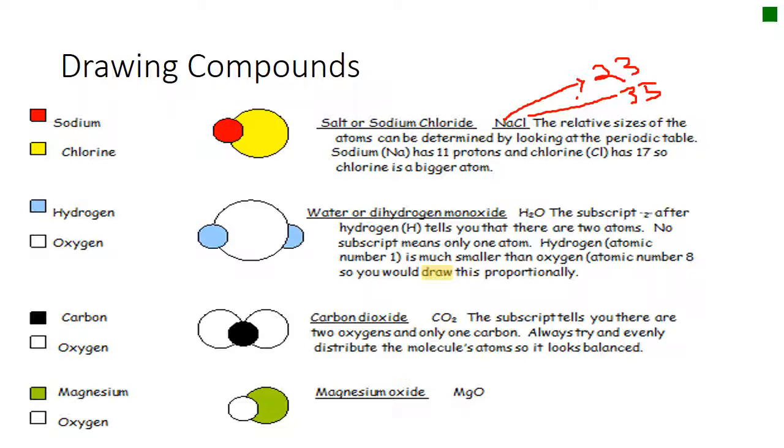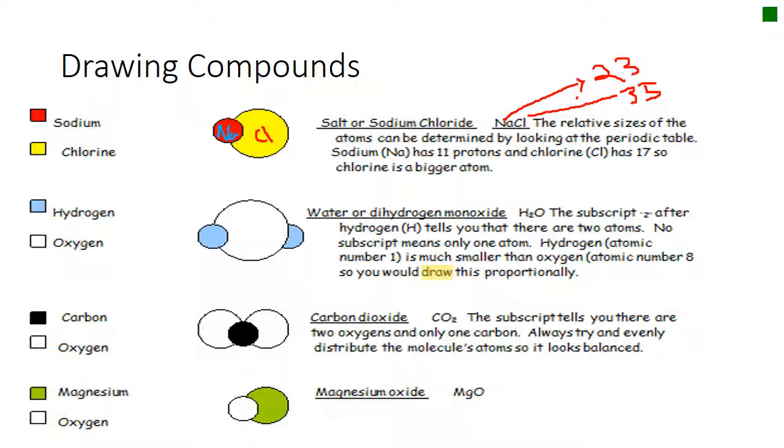I can tell you right there that chlorine is bigger. So when I'm drawing the molecule, I have to make sure that my chlorine atoms are bigger than my sodium atoms. It's that simple. How many of each do I have? I've got one sodium and one chlorine. So I draw a big circle here that represents my chlorine, and I label it Cl to indicate that it's chlorine. Then I label this one Na to indicate that it is sodium. And that's how you draw it.